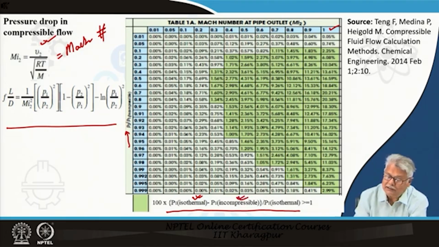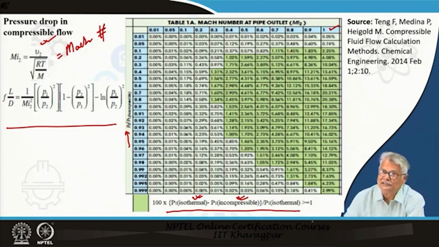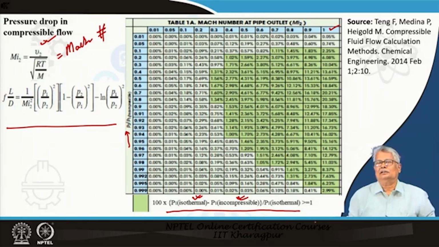And it is only the green zone where the deviation is beyond 1%. So, this is a very quick chart to consider isothermal flow of your fluid, find out the pressure drop and estimate from there what exactly it is.